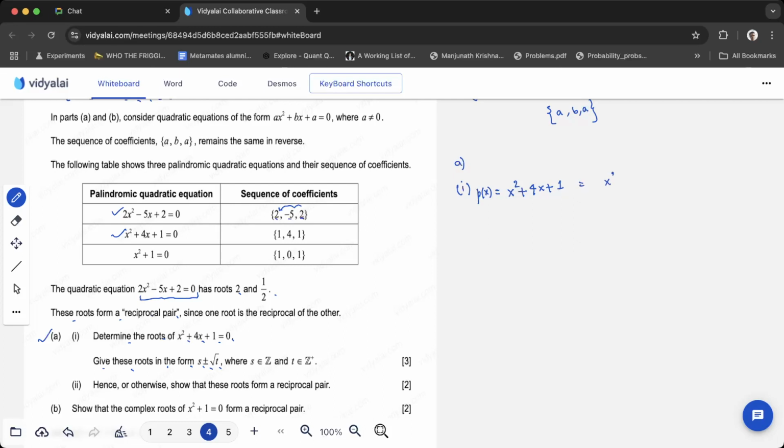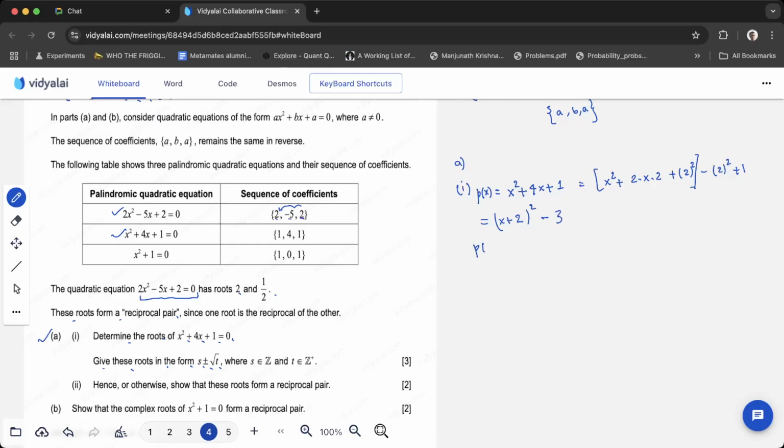We complete the square. We write 4x as 2 into x into 2. We complete the square by adding 2 squared and then again subtracting 2 squared plus 1. So we end up getting the first three terms will give us x plus 2 whole squared. And this is -3.